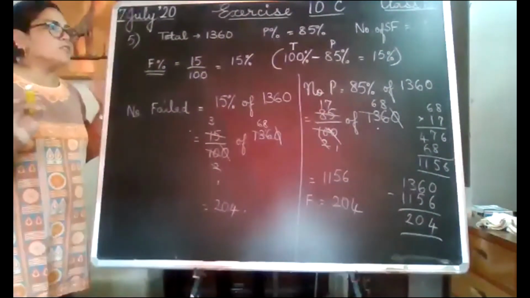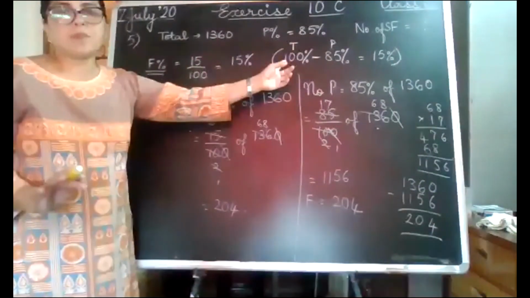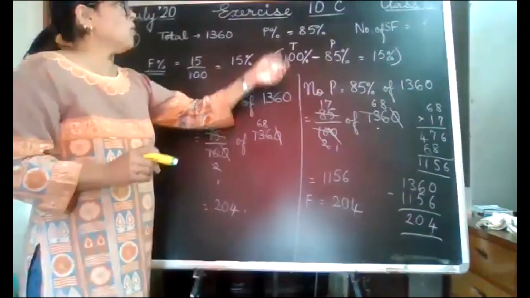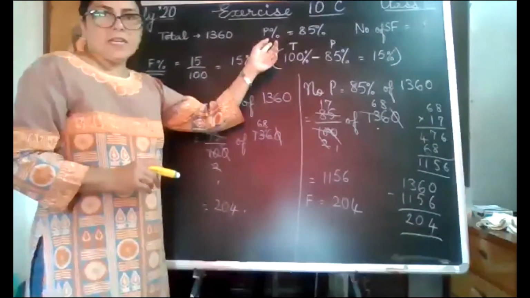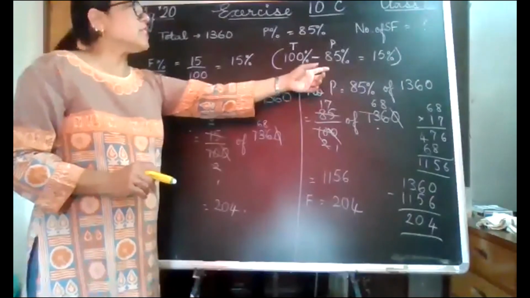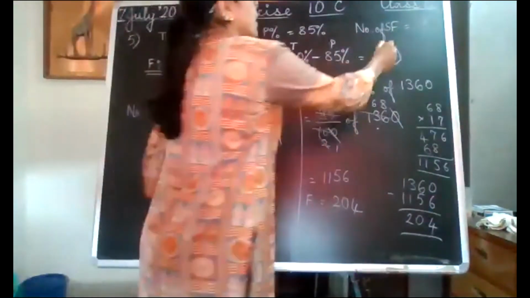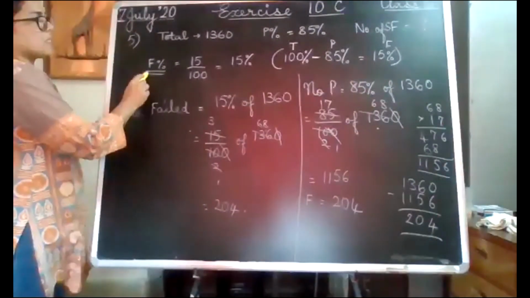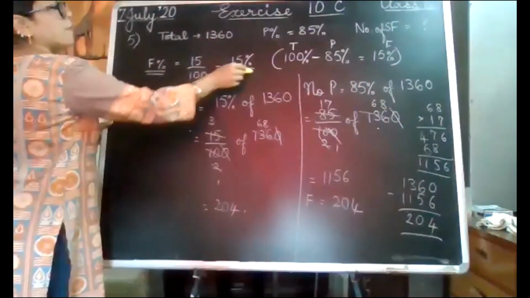Now, total number of students will be 100%. 100% means all of them. Now, out of the 100%, we know that 85% have passed. So, obviously, the remaining have failed. So, this is the failed percentage. So, I got my failed percentage, which is 15%.